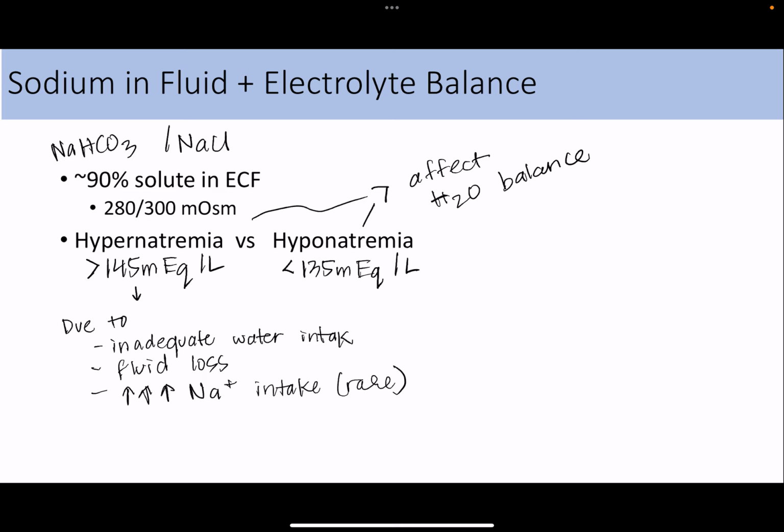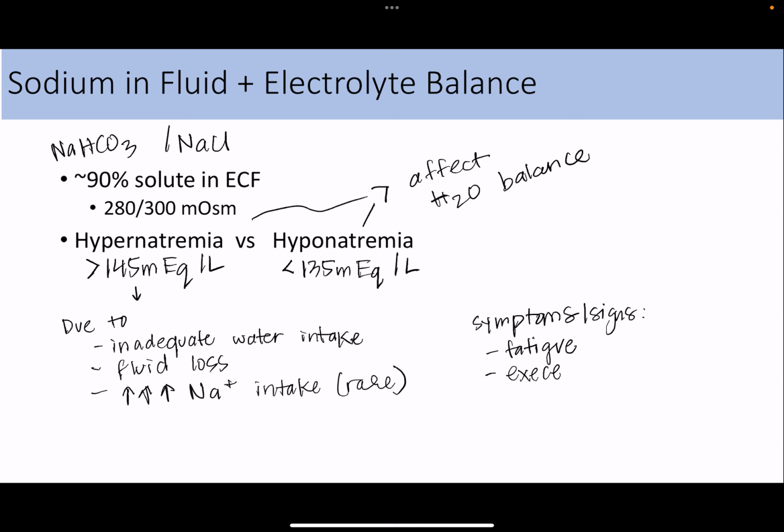So symptoms of hypernatremia, and some of these can be considered signs as well, are going to be fatigue. You're going to have fatigue anytime you have an imbalance in sodium. Okay? So fatigue, excessive thirst.